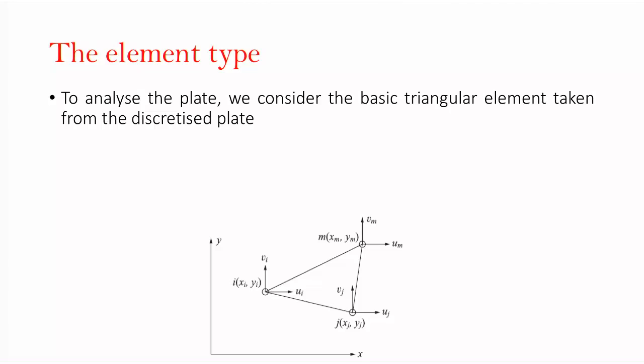Since we are in 2D space, each node has 2 degrees of freedom. So in total, we have 6 degrees of freedom, which means the element K matrix should be 6 by 6.